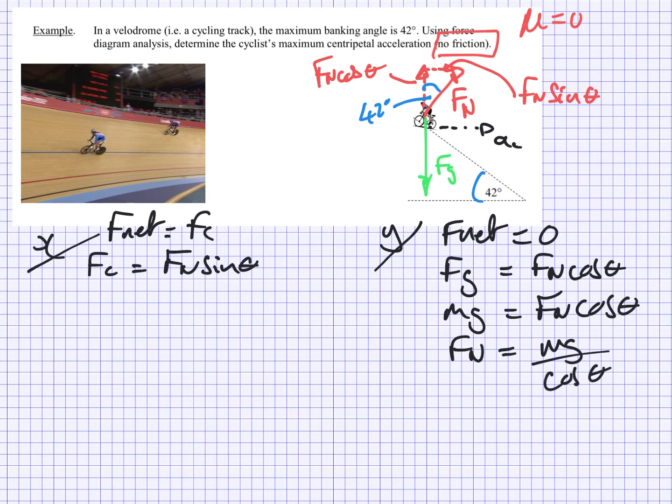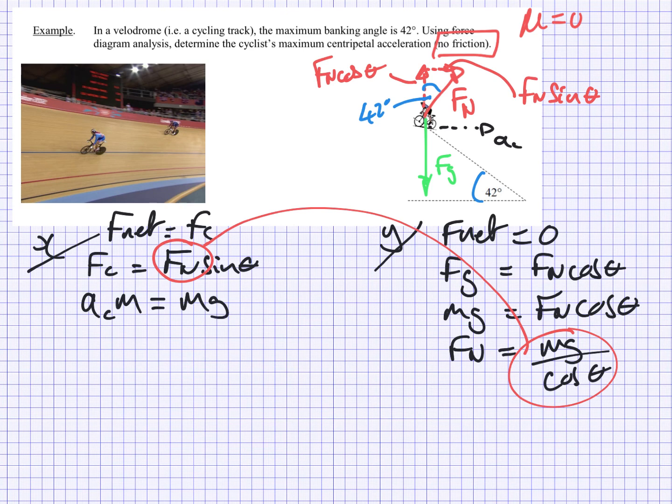Over here, we would be saying that centripetal acceleration times the mass is going to be equal to, and this is where we add in the Fn equation, we substitute that in, so we get mg over cosine theta times sine theta.